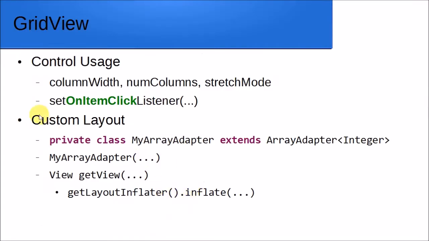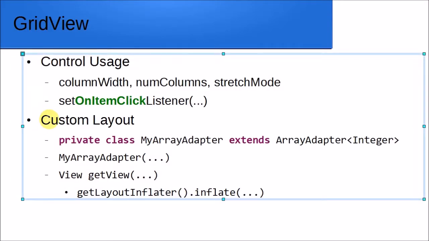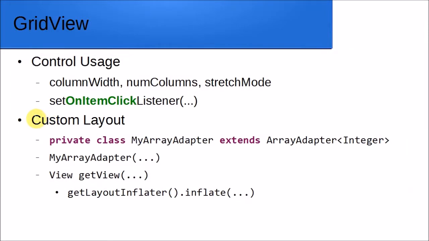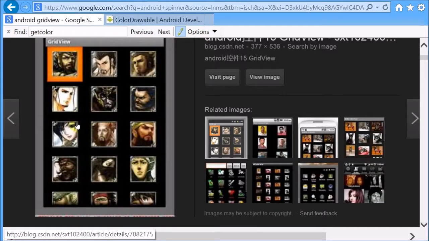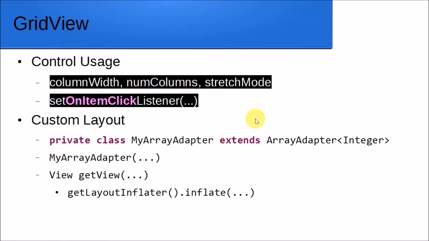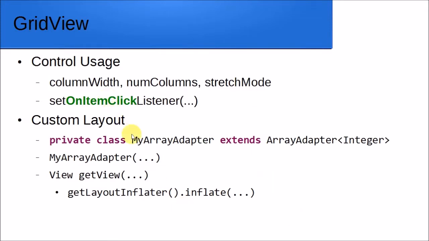I'll start up a new project to do this part. So I'll use the same old stuff to demonstrate how to use a grid view basically, and then I'll start a new project to show how to do this picture thing here. Grid view is just like the list view.